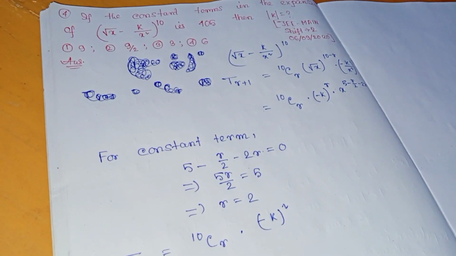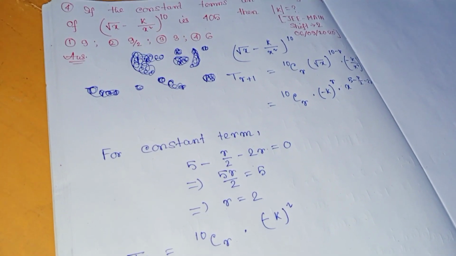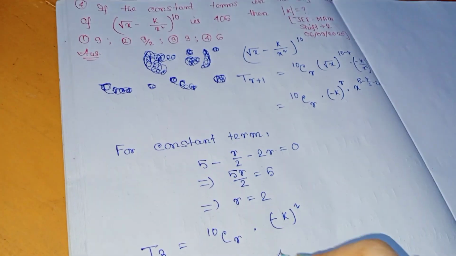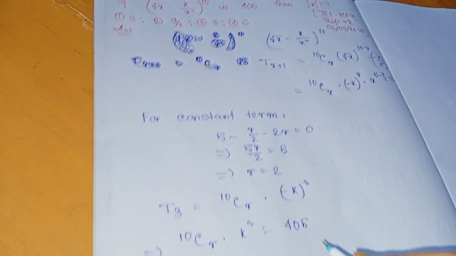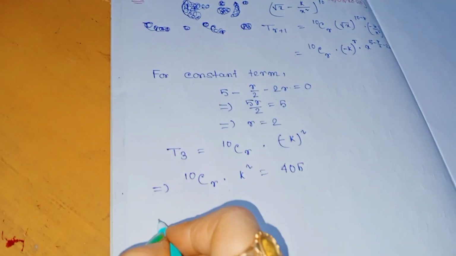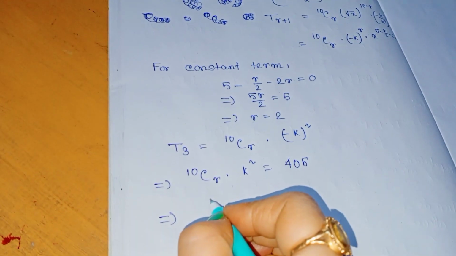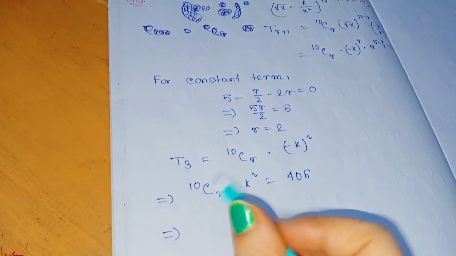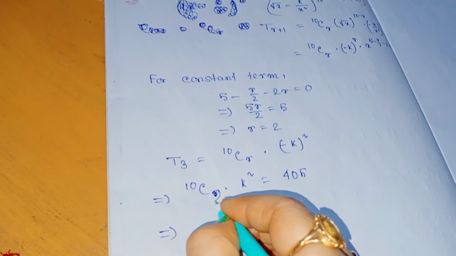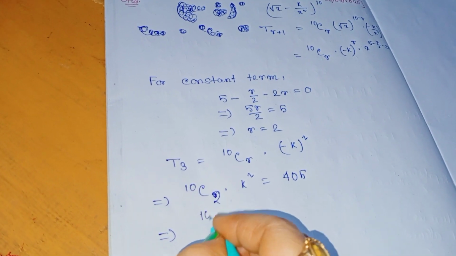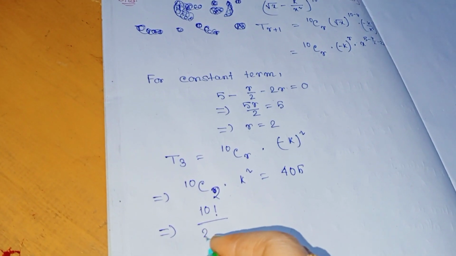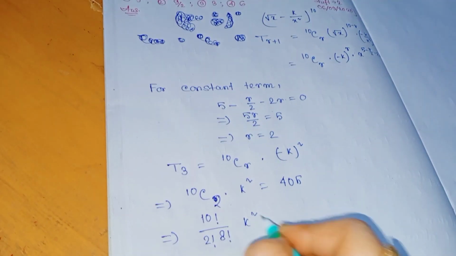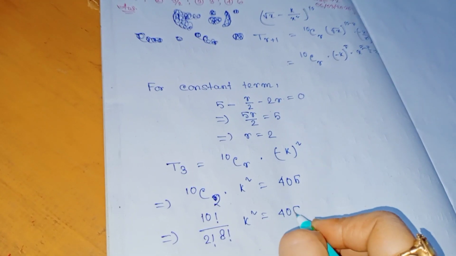So that implies 10Cr into k square is equal to 405. Here r is 2, so we get factorial 10 divided by factorial 2 into factorial 8, into k square is equal to 405.